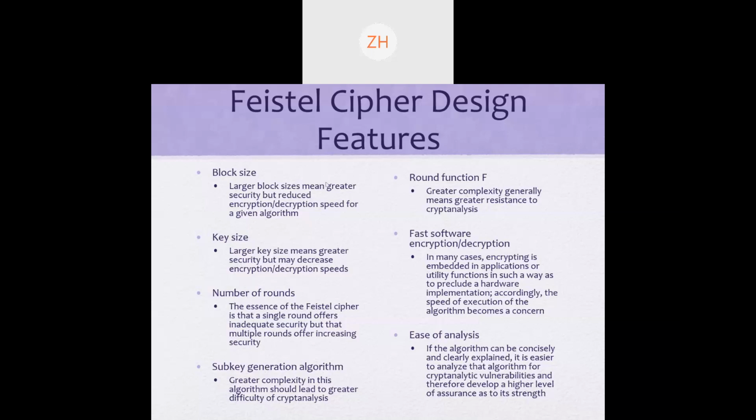So here, to imitate the Feistel block cipher for the real symmetrical encryption, the cryptographers decided that the larger the size of the block of the data, the better the security is. This is how they do it.